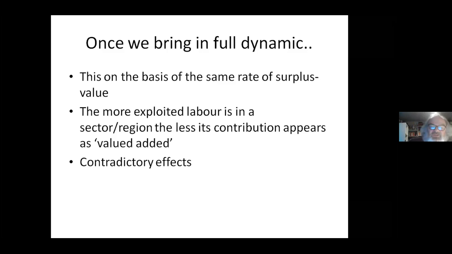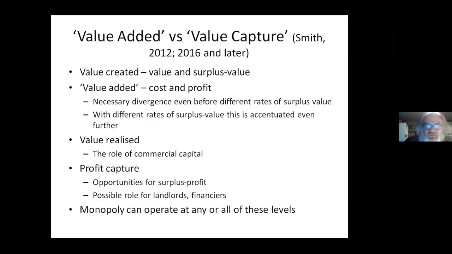And this result does have contradictory effects because, of course, if labor is more exploited in one sector, then it does increase the overall surplus value and raise in general terms the rate of profit. But even so, that won't counteract sufficiently the fact that the value added in this sector will have been reduced. So is this just one huge paradox? No, it's not only a paradox, it's a living contradiction.